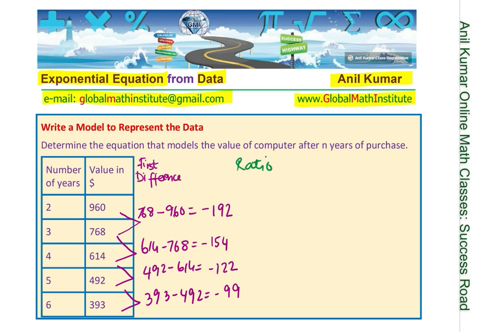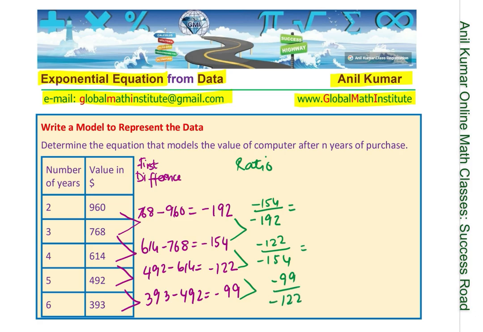Ratio means we'll do minus 154 over minus 192, and then calculate this value. And then the next ratio will be minus 122 over minus 154, and then this ratio, minus 99 over minus 122.